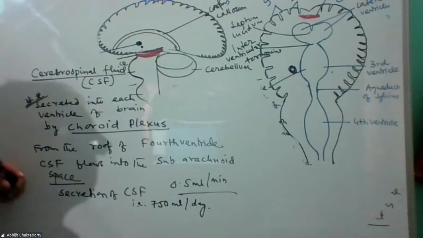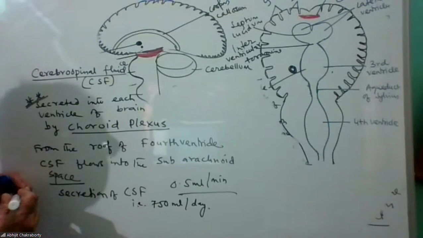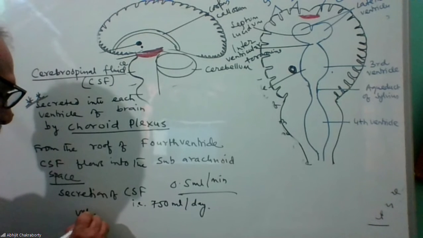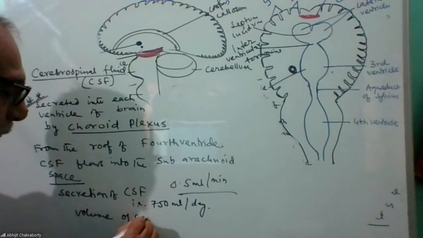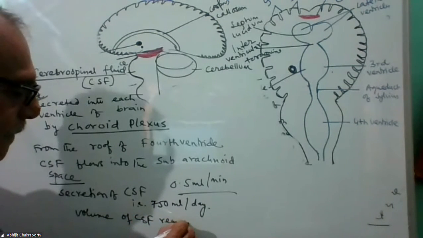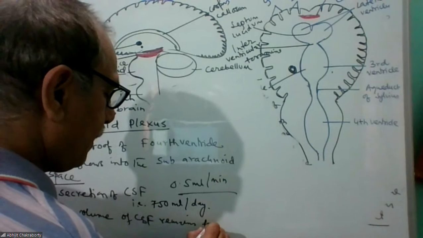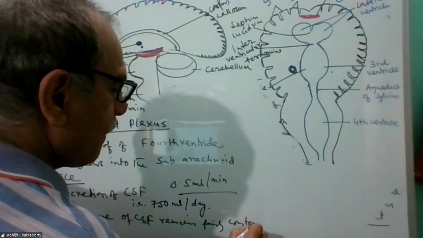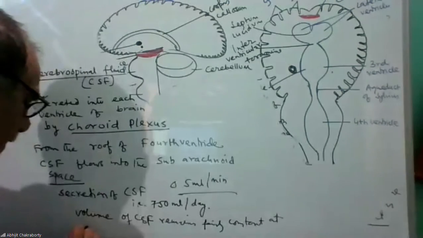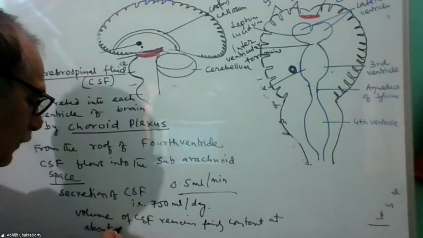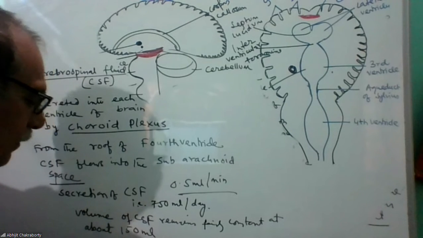But you will never get 750 ml of CSF here. The amount of CSF present is constant. The volume of CSF remains fairly constant at about 150 ml. Remember these things.